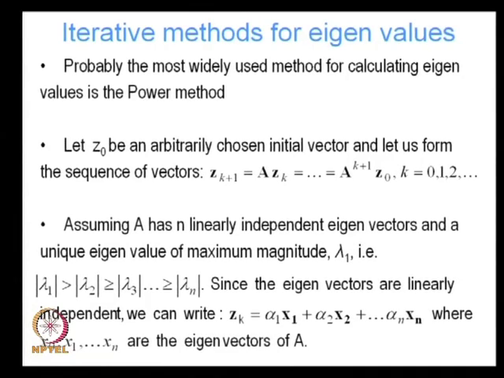For instance, let z0 be an arbitrarily chosen initial vector, and let us form a sequence of vectors which is given by z(k+1) = A zk, and so on and so forth.